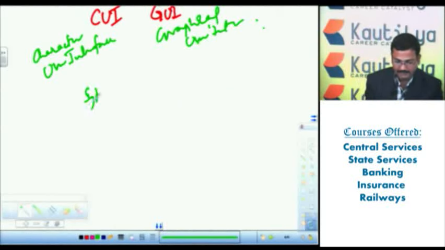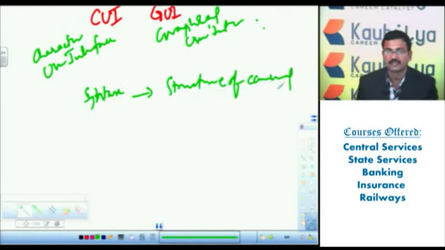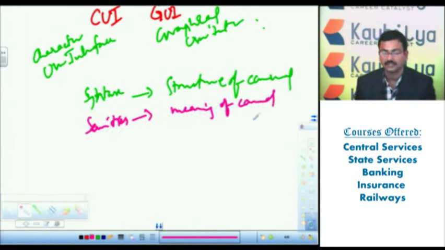A syntax is nothing but the structure of a command. Semantics is the meaning of the command. Syntax is structure and semantics is meaning.